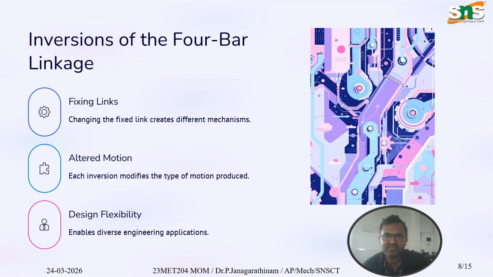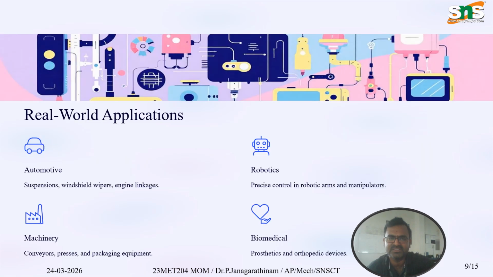These are some of the inversions of four-bar mechanisms, like changing the fixed link. We create different mechanisms, and each inversion modifies the types of motions produced and the design flexibility. Some real-world applications of four-bar linkages and Grashof's law are in automotive applications, machinery, robotics and the biomedical field.